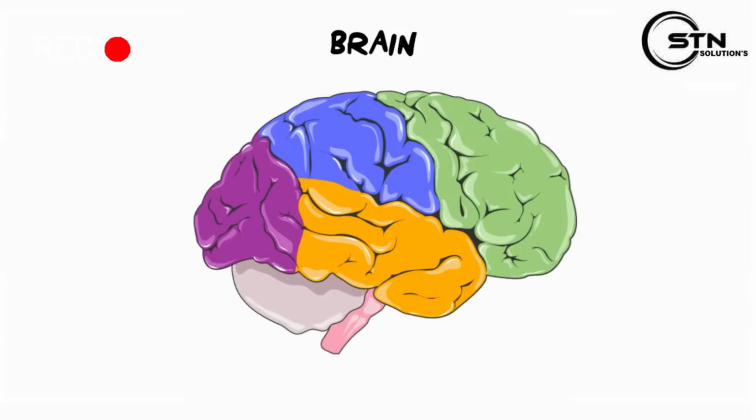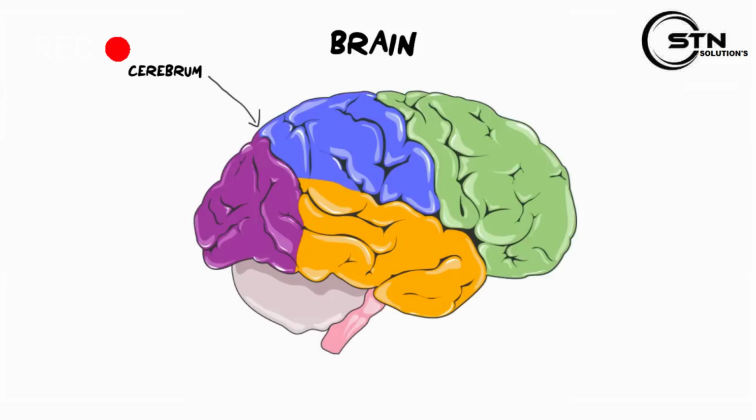We're starting off with the main component of your central nervous system, which is the brain. And the brain has regions to it. First of all, we're going to start off with the largest part of your brain, which is this folded area on the outside of your brain, called the cerebrum.